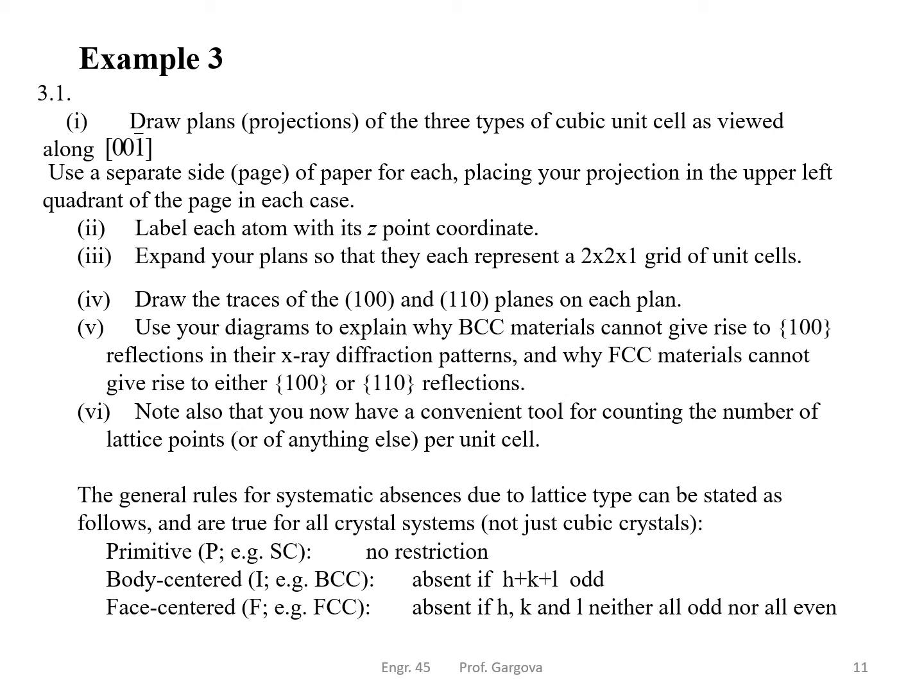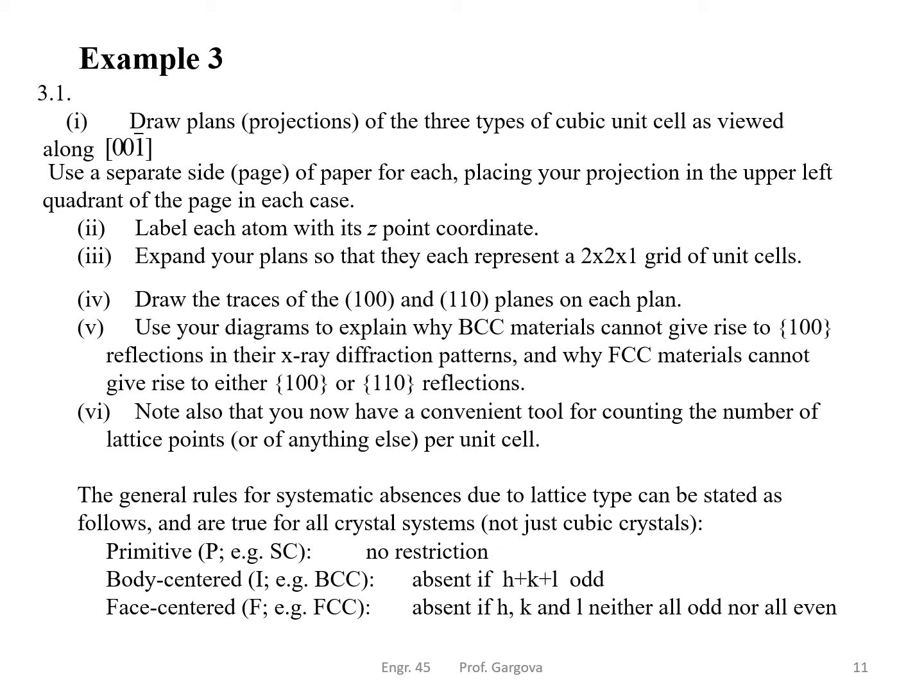Note that you now have a convenient tool for counting the number of lattice points. The general rules of the systematic absences due to lattice types can be stated as follows. So we know that primitive cells don't have any restrictions to where we can see reflections between planes for incoming X-rays.